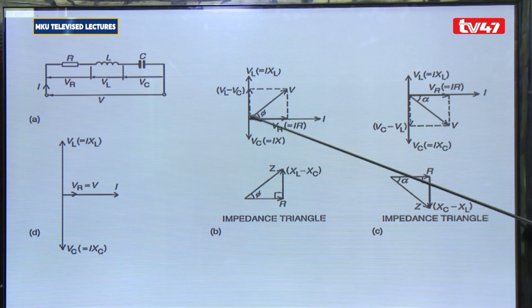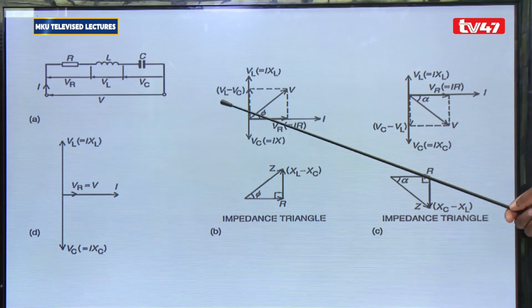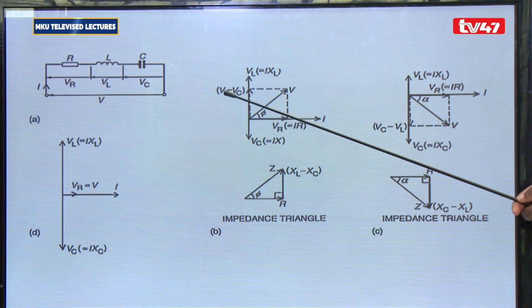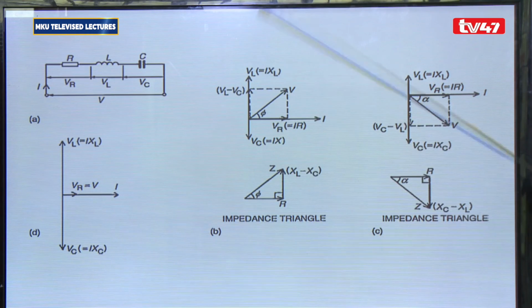Here we had a leading power factor because the inductor is the one which is more, the value of inductance is more than that of the capacitance. That is in terms of reactiveness. And then the angle can also be found by tan inverse of this side over this side. Lagging power factor, leading power factor.